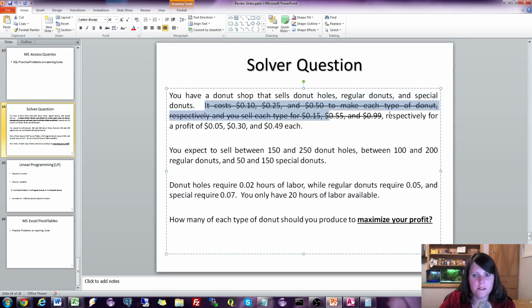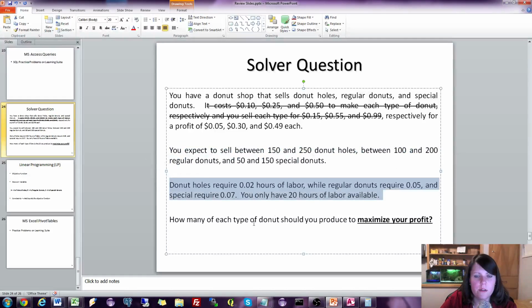I crossed out this information because it's really not important to us in solving the problem, and that's also something to keep in mind when you're solving the problems. It tells you how much each one is sold for. It then gives you how much you expect to sell, so you think, well, those are our demand constraints, and then how much labor is required for each type.